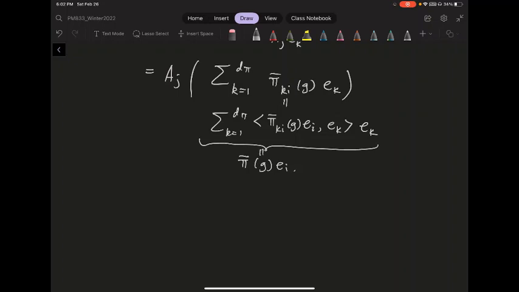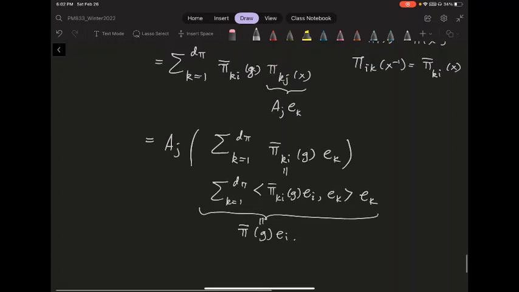This is some basic matrix theory. Think about how the matrix works: if you multiply by ei, basically you take out the ei column, and the ei column you can rewrite as the ki entry multiplied by the kth basic vector. So this is essentially just pi bar g applied to ei.